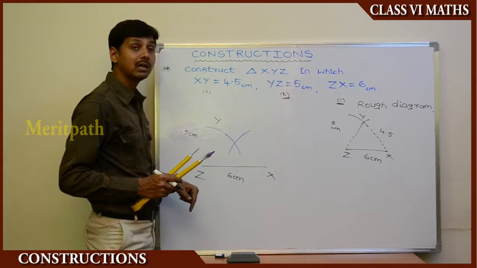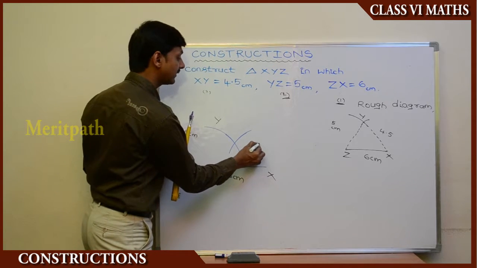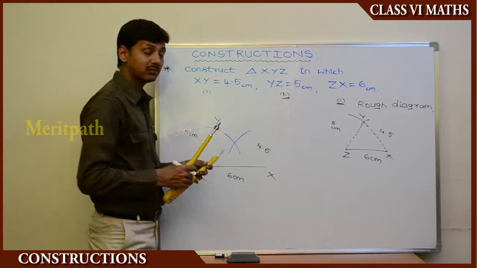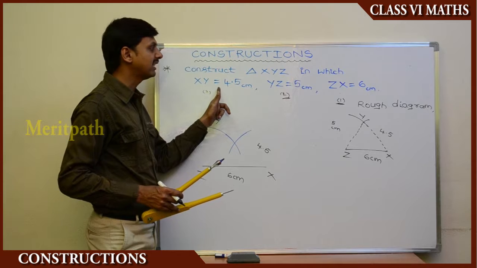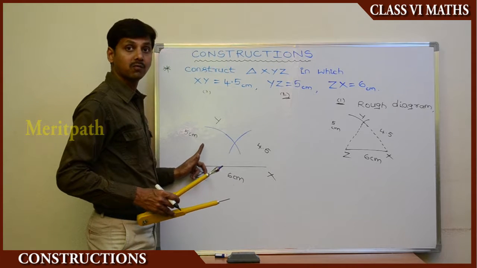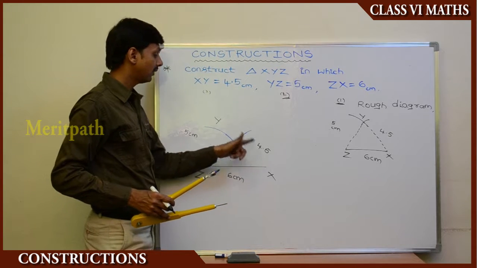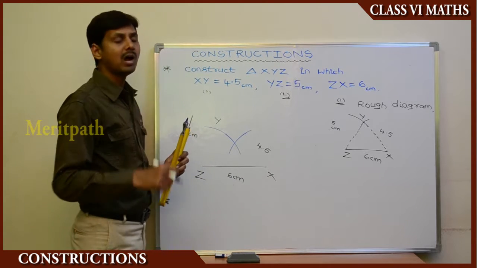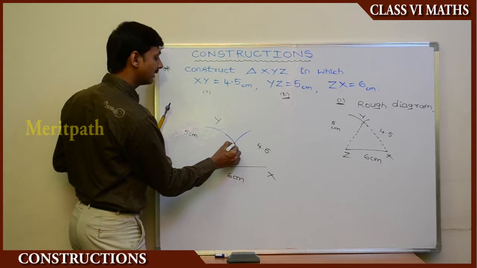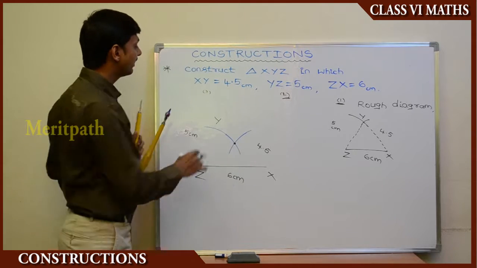We extended this arc, and this is 4.5 centimeters. With X we have drawn XY, 4.5 centimeters. YZ, 5 centimeters arc we made. Now these 2 arcs are intersecting at one point. This is the point. So that point is Y.